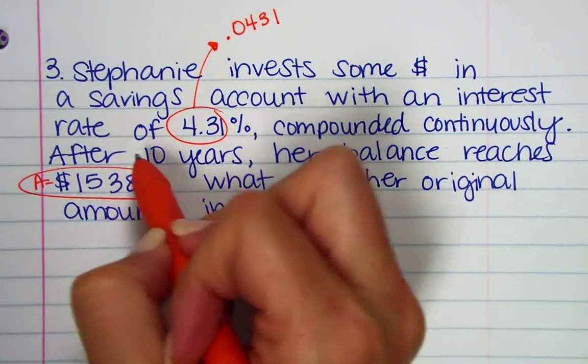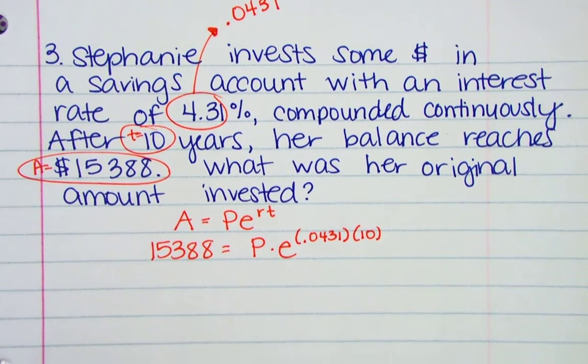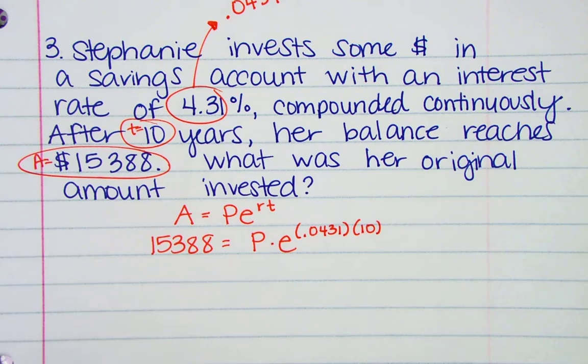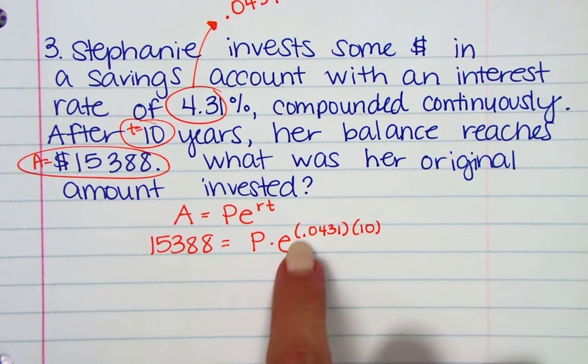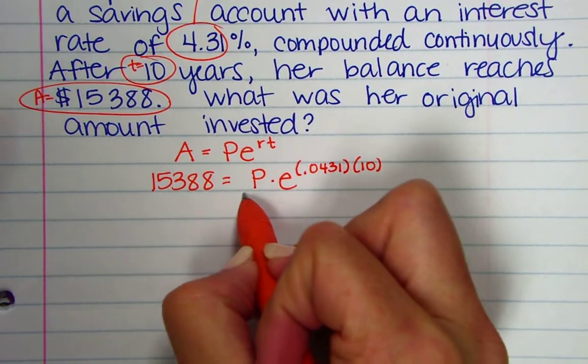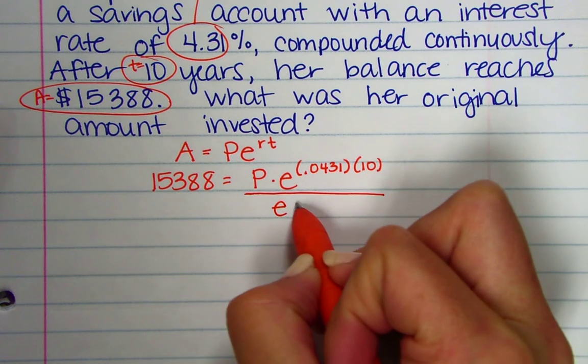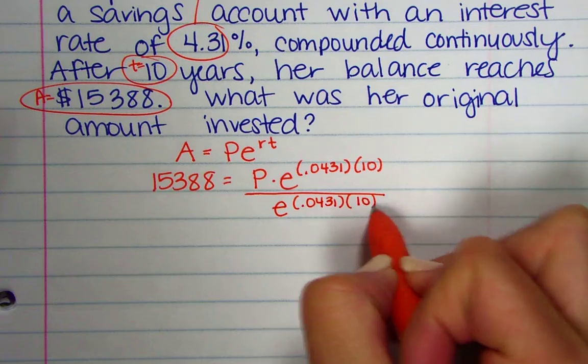That's T. Now to find P, it's P times e, all this stuff. This is all one number. So it's P times that. To solve for P, we'll just divide by this whole thing. It looks a little bit weird, but again, the calculator does all of it for you.